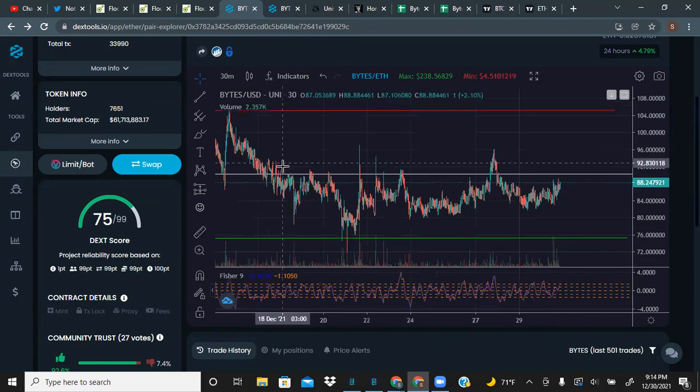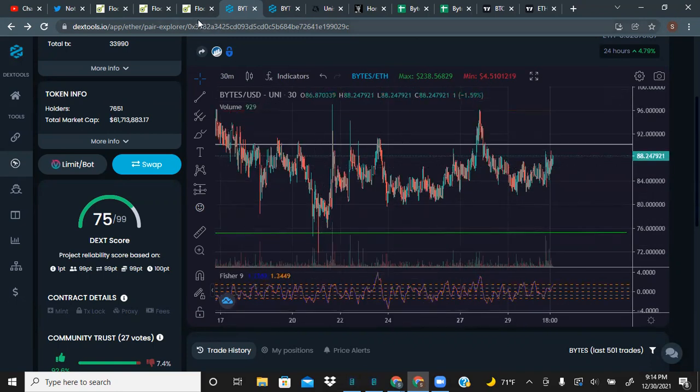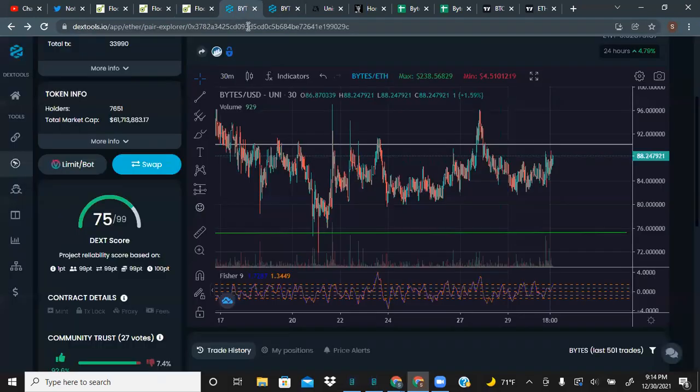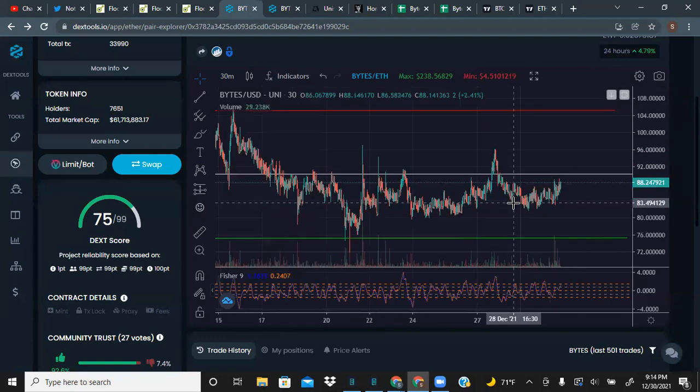Another thing you can do is use shorter time frames. I used a simple one here, 95 as the high, the low of 80, and then the close of 88. That's just the recent bias chart here. What ends up happening is the central pivot starts changing as the price moves.